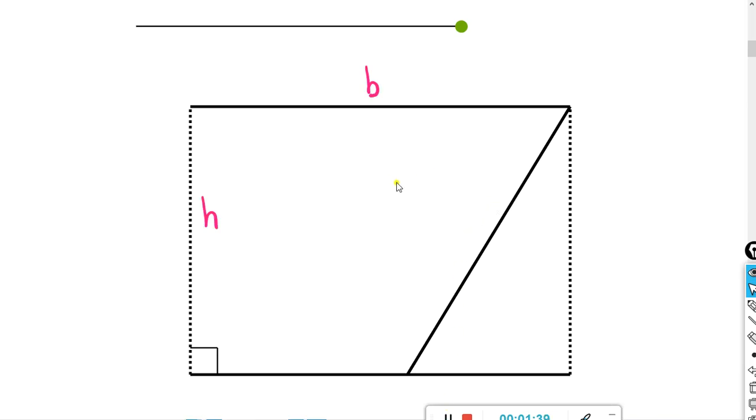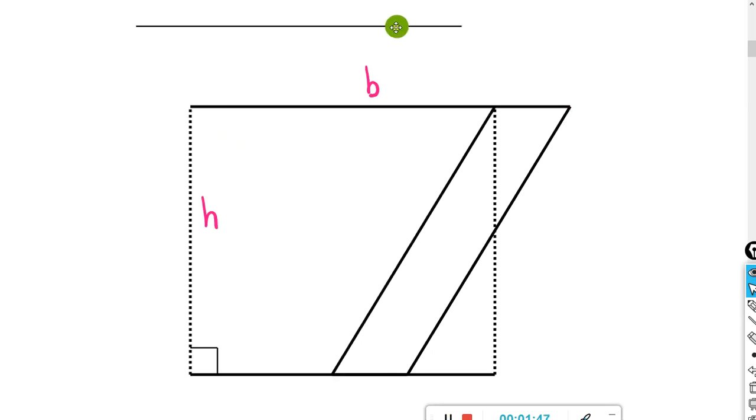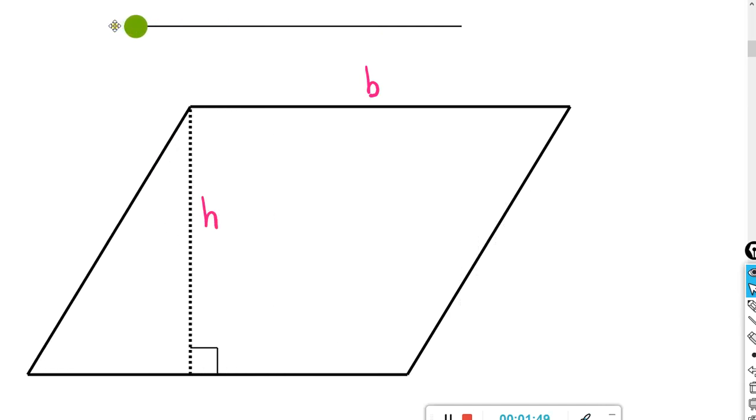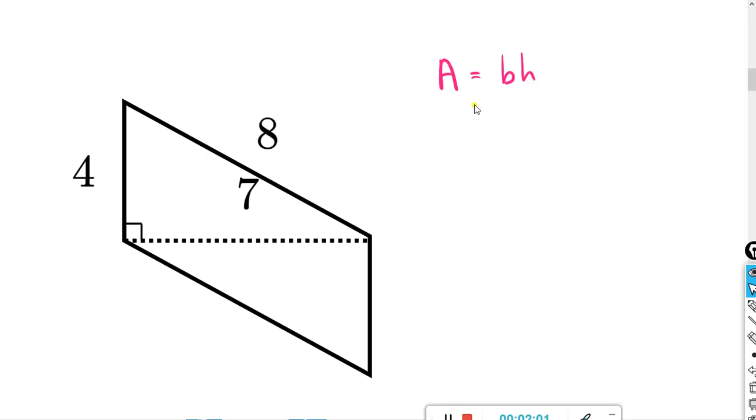As a rectangle, the area is just the base right here times the height right here. If I convert this back to a parallelogram, it's still the same formula because it's the same area. This is the height, and this is the base. So the area for a parallelogram is base times height.